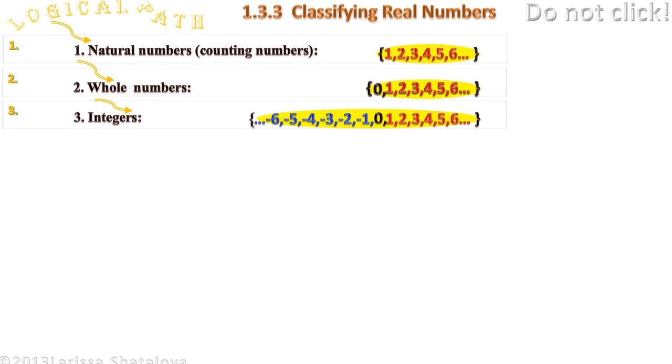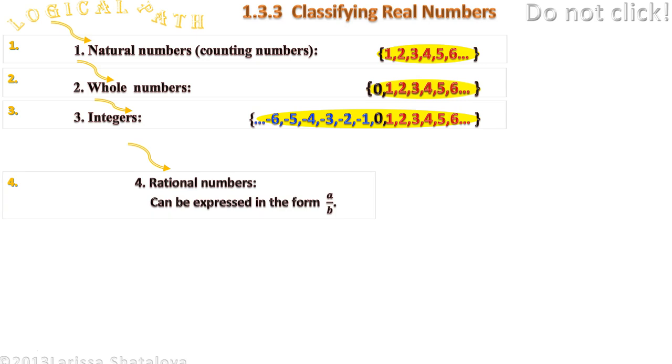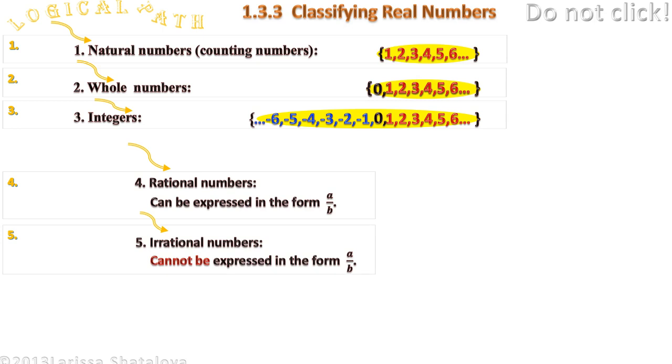After that we will talk about two big groups: rational numbers, which combine all numbers which we can show in the form of a fraction, and the opposite group, which has numbers which we can't show as fractions. And then we will come to the conclusion that all rational and irrational numbers we call real numbers.